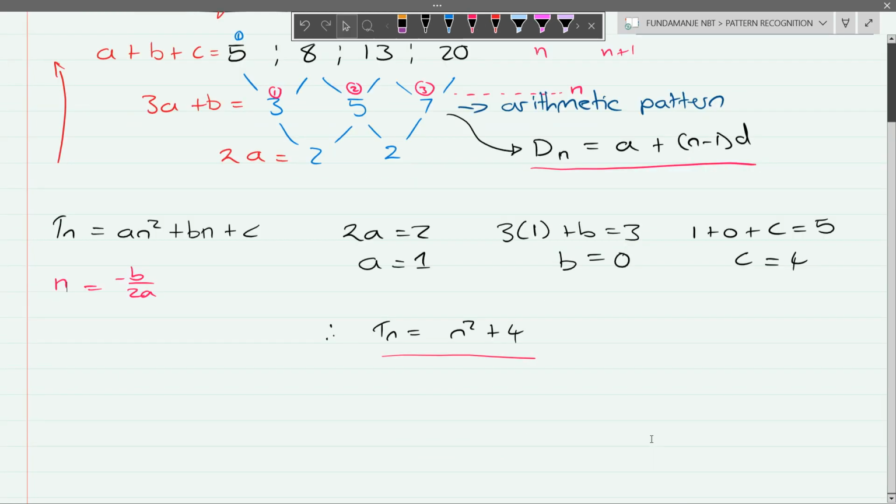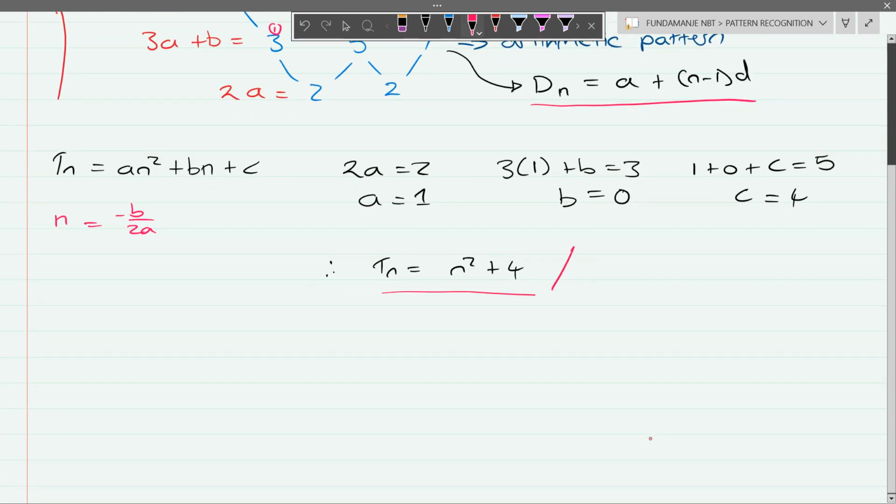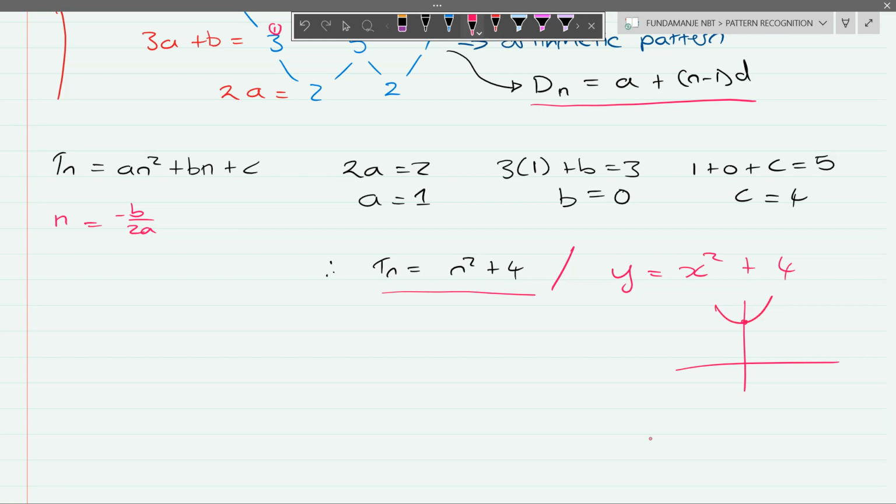And if we look at this function over here and contrast it with y is equal to x squared plus 4, we can see that this is a function that would look something like this, and it has a minimum, but that's not the minimum it will consider. So b in this case is 0. This one won't necessarily have a minimum, except that the minimum value will basically be the first value.